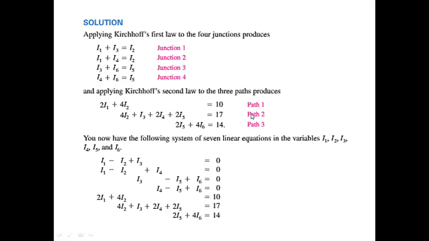Repeating the same procedure for path 2 and path 3, we end up with a system of 3 linear equations, and putting all of these together and rearranging like we did for the first example, we end up with a system of linear equations. 7 equations, 1, 2, 3, 4, 5, 6, 7. But the good news is that we only have 6 unknowns, I1 to I6.